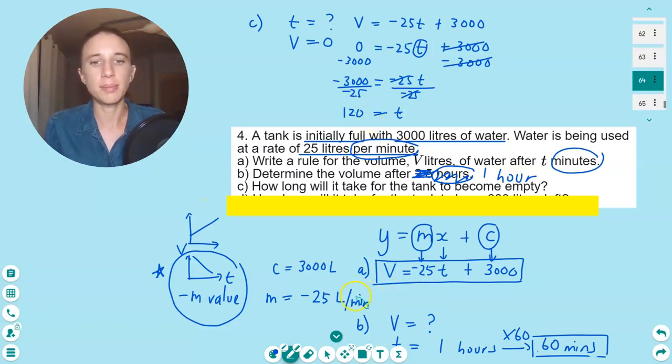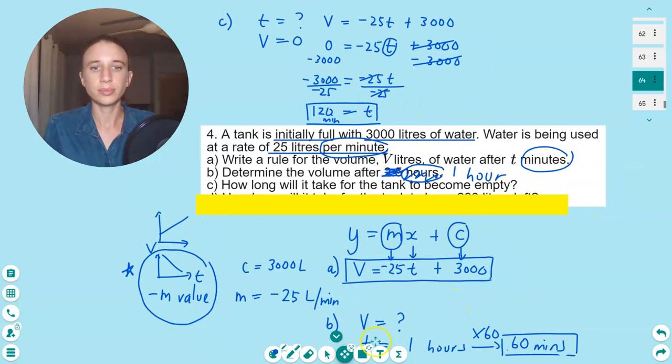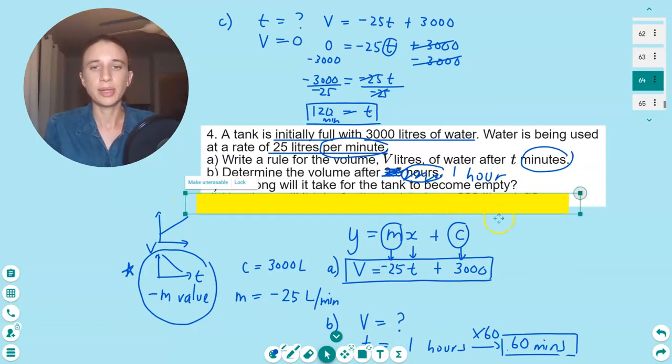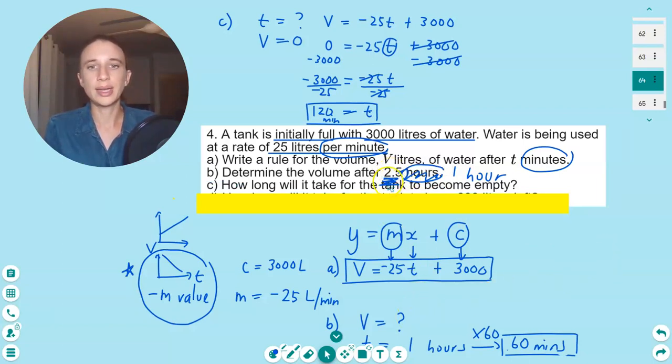It's going to be minutes since we plugged in minutes down here. Our equation is in terms of minutes. So I'm going to put that there. That's how long it will take for the tank to become empty. And that would explain why in part B, 2.5 was a weird negative answer. Because it's already empty. Can't get more empty than that, right? After 2 hours, you know?